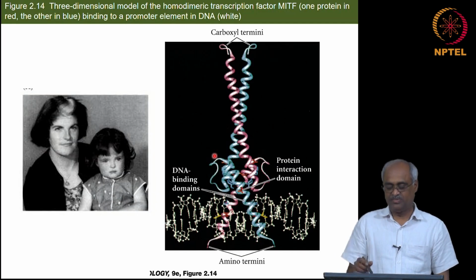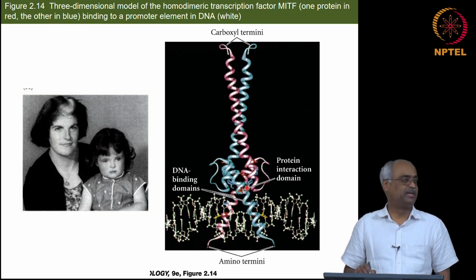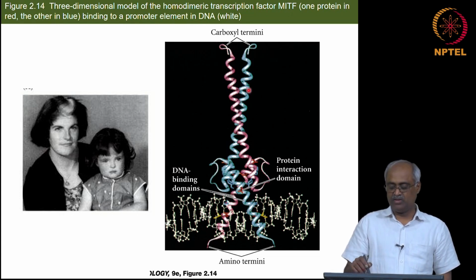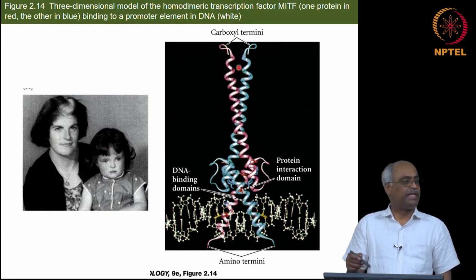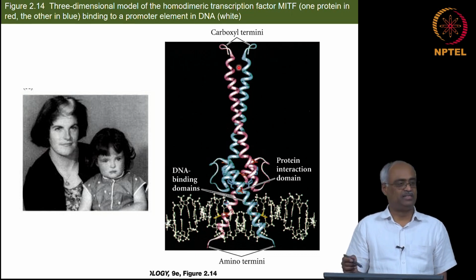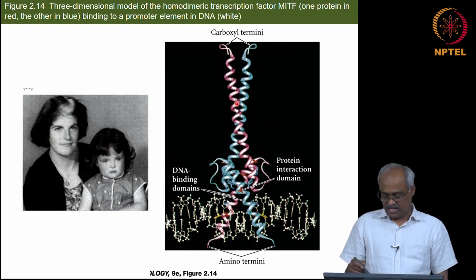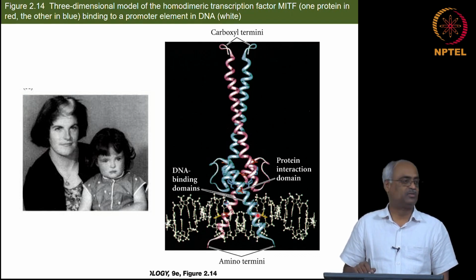And so this takes us back to those three domains. In this protein, which dimerizes, the middle portion that is marked is the protein-protein interaction domain. That helps them to dimerize, and this long carboxy terminal region is the one that helps in recruiting other proteins, for example a histone deacetylase, etc. And the amino terminal region is where the DNA binding domain is located.